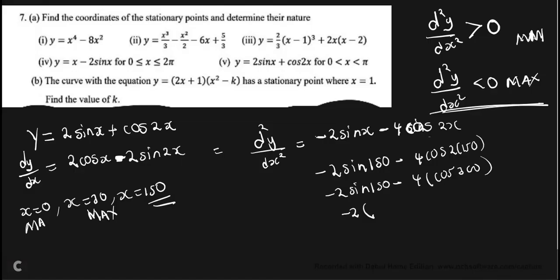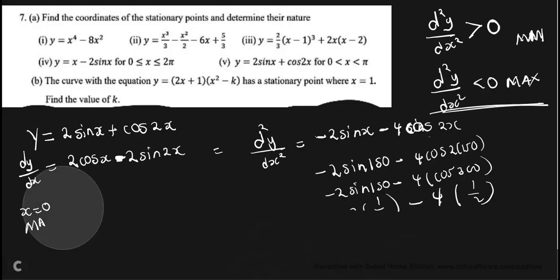This 150 is in the second quadrant, and sine in the second quadrant is positive. So it would be negative 1, negative 2 again, so negative 3 again. So meaning that again this one is the maximum.